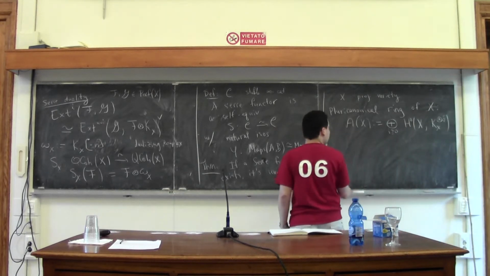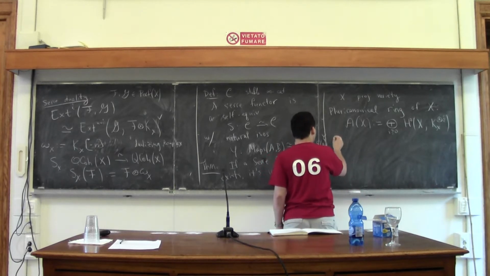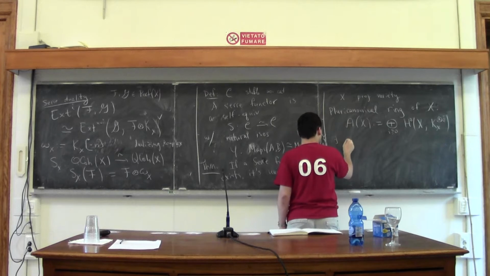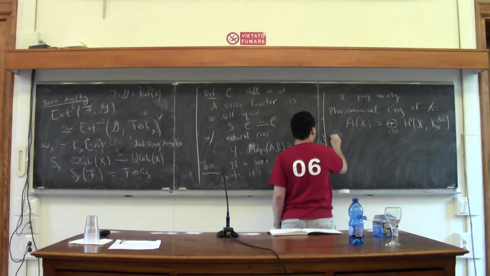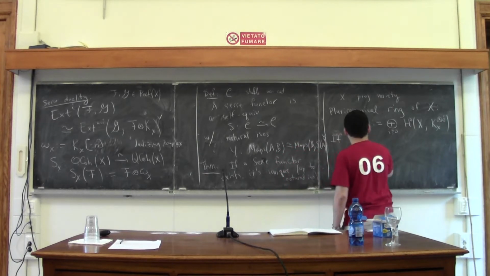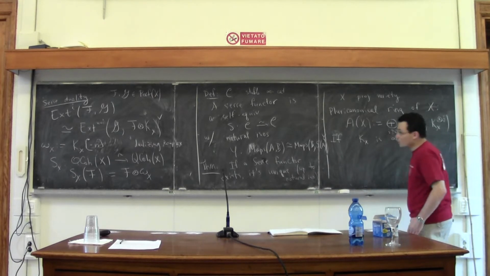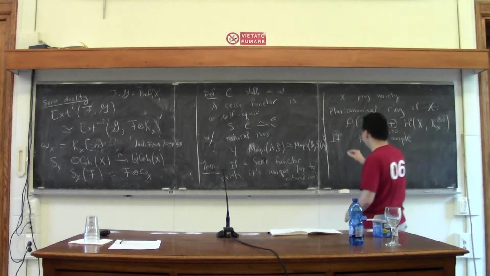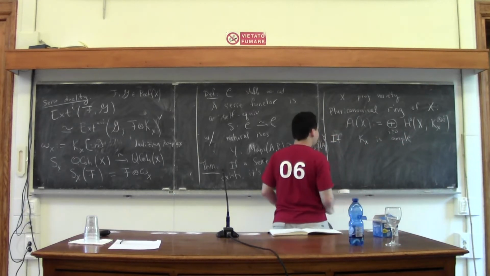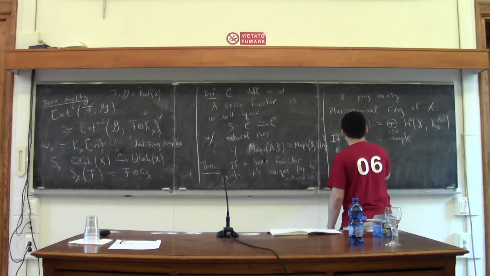And the point is, for formal reasons, what I want to say is this: if K_X is ample, let me not say what this means, then there's a natural isomorphism between X and Proj of this ring.